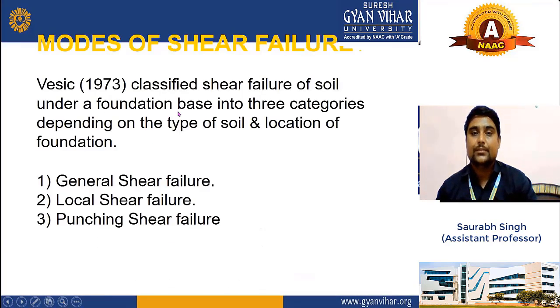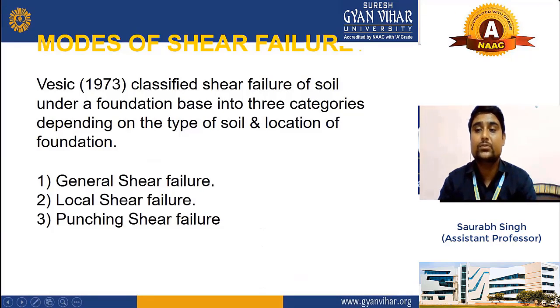Now we will see the modes of shear failure. What are the modes of shear failure? It means how soil can fail due to the ultimate load of a structure.